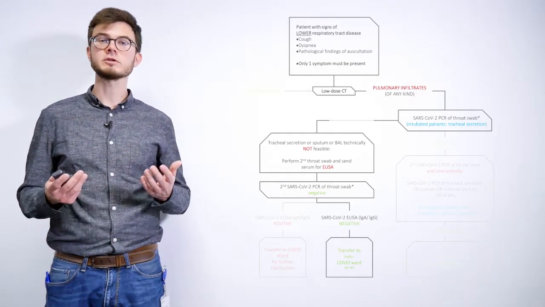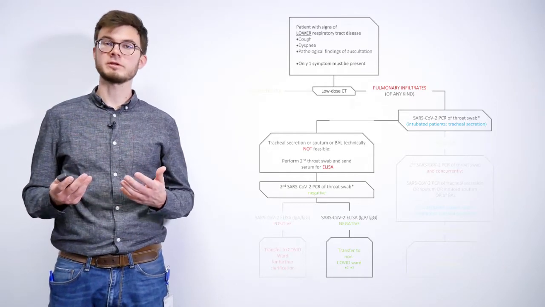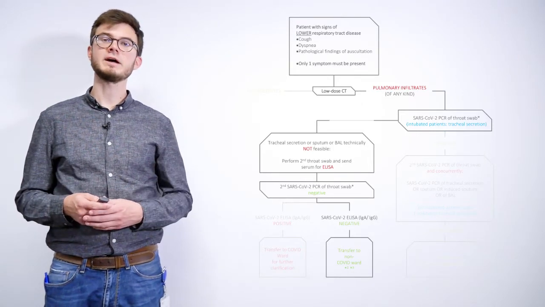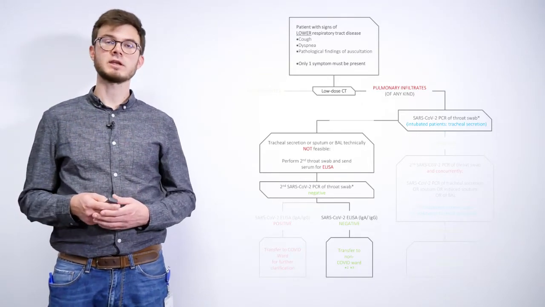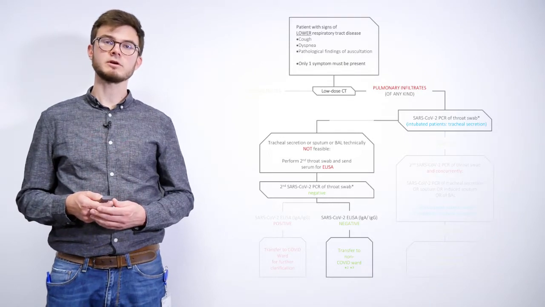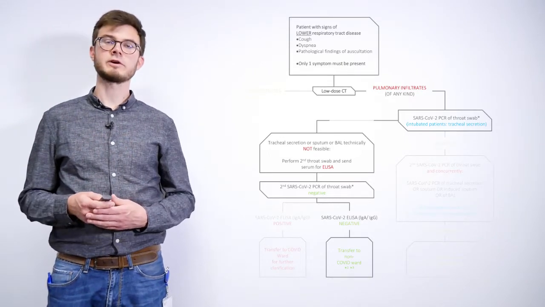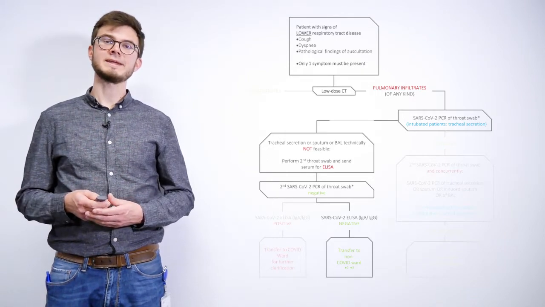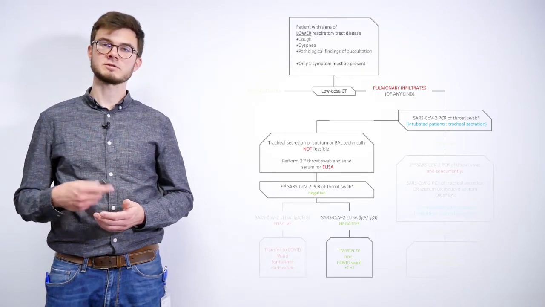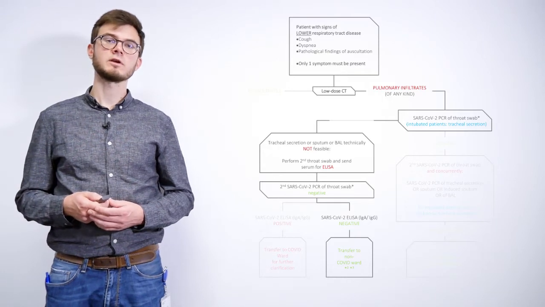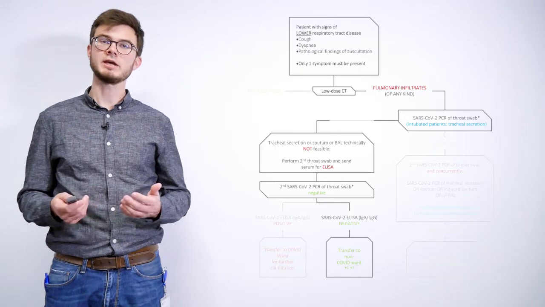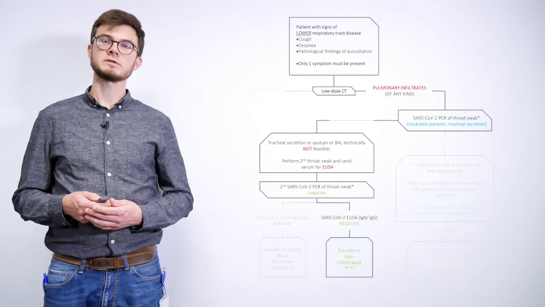If it's not possible to obtain any additional samples, which I already mentioned, such as induced sputum or BAL, it is also possible to send a serum sample, so a blood sample, to the virology department, where this can be examined with an ELISA antibody test specifically for SARS-CoV-2 to detect antibodies of the IgG and IgA type for this disease.